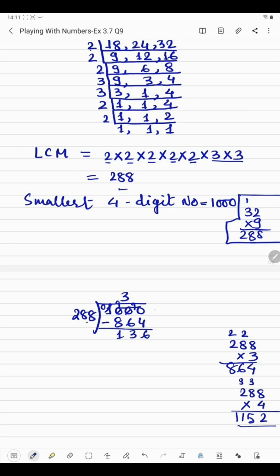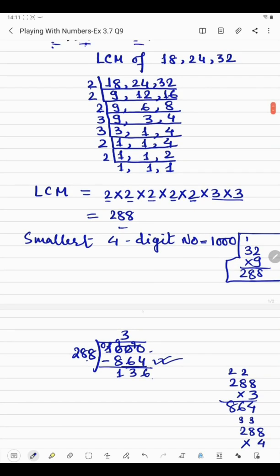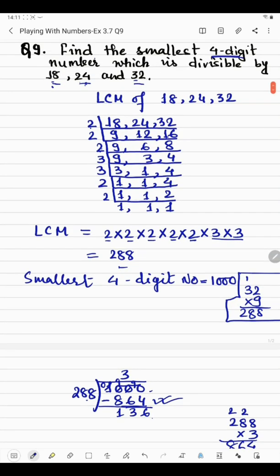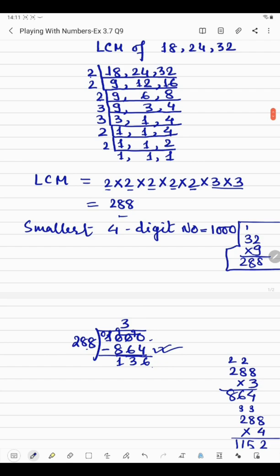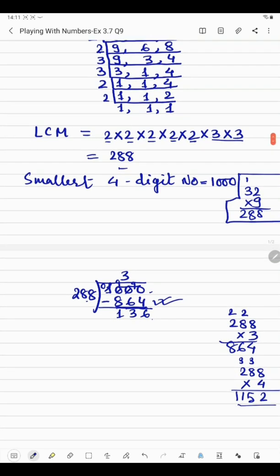Now if you just remove this remainder from the dividend, we will get a number which is having 3 digits, and this comes in 288's table. But we need to find a 4-digit number, as in the question it is said that we will have to find the smallest 4-digit number, right?